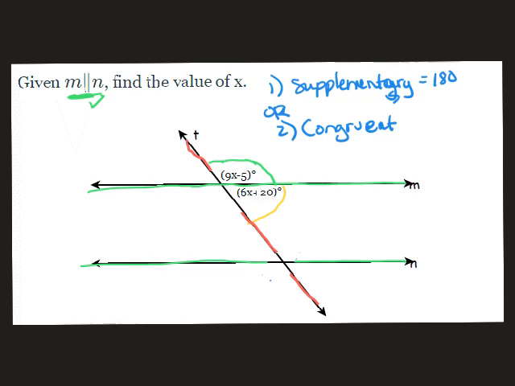So how do we solve this problem? Well, we take 9x minus 5, which is this angle here, plus this angle here, and they have to equal 180 degrees. And so we add up like terms, and then solve for x.